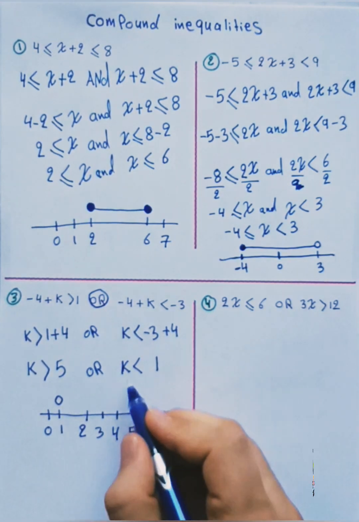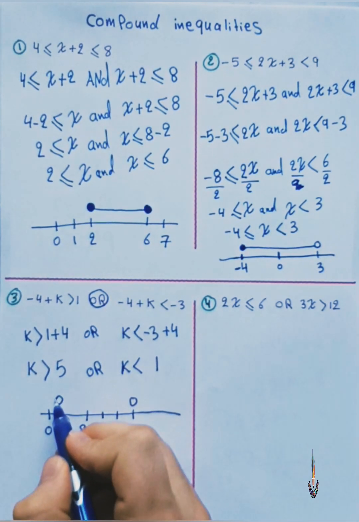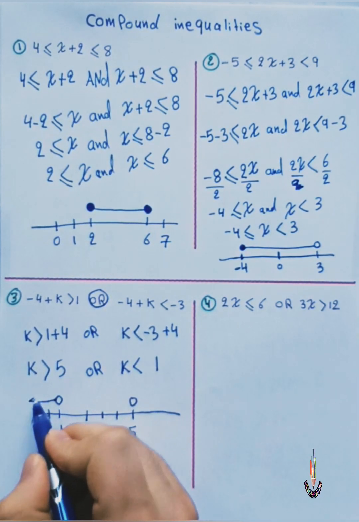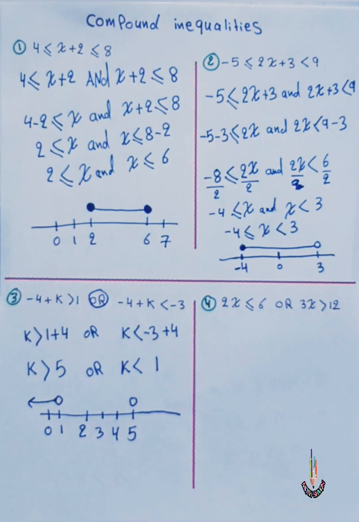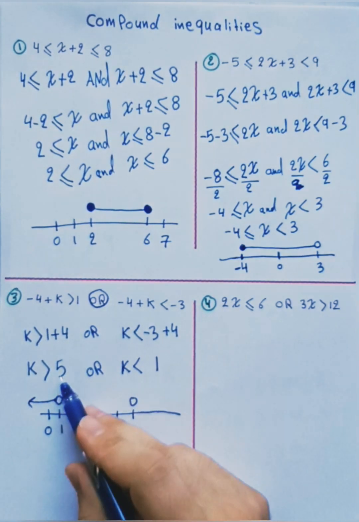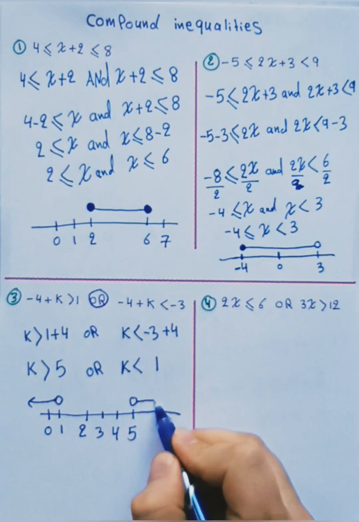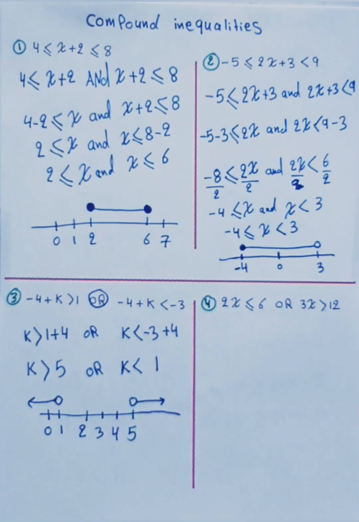After that, k is less than 1, so the value of k should go to the left side, and then or k is greater than 5. So the value of k in this case should go to the right side.